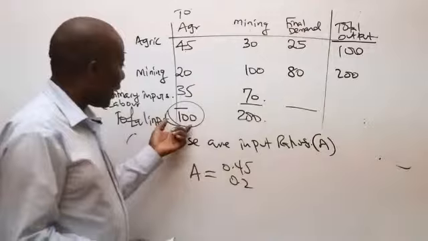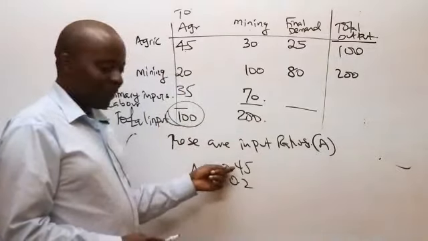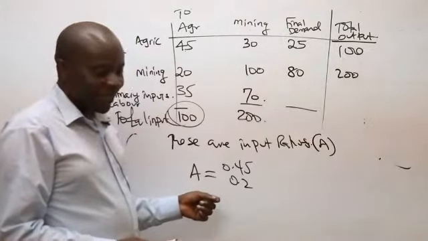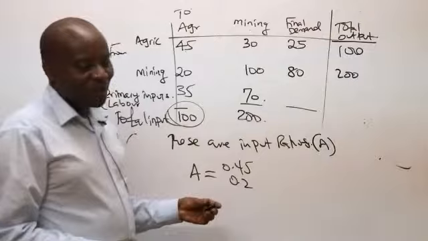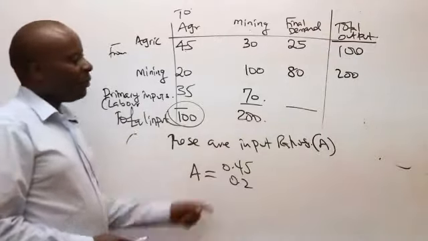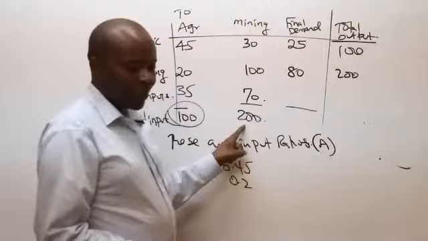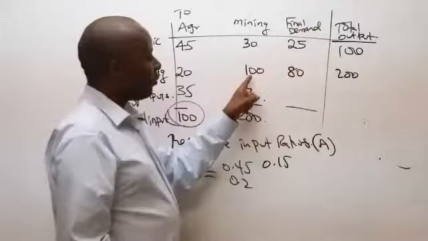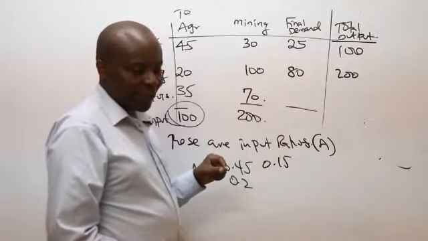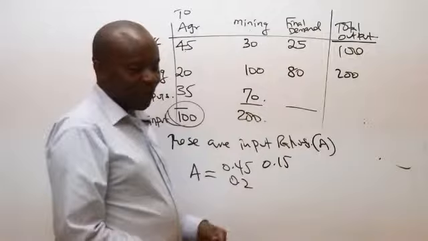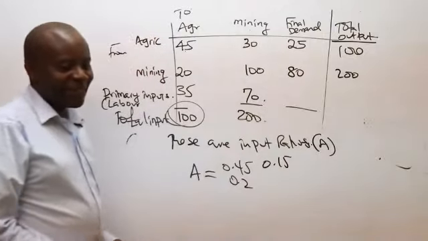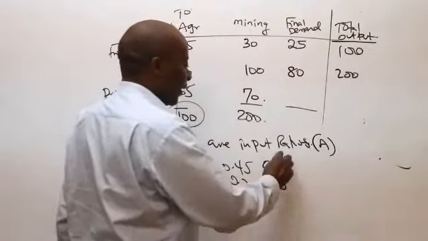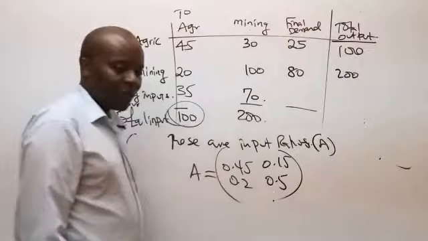This one here was 100, so we took 45 over 100. For mining it will be 30 over the total input, which is 200, which should be 0.15. And then we have 100 divided by 200. 100 divided by 200 is not 0.1. It becomes 0.5.